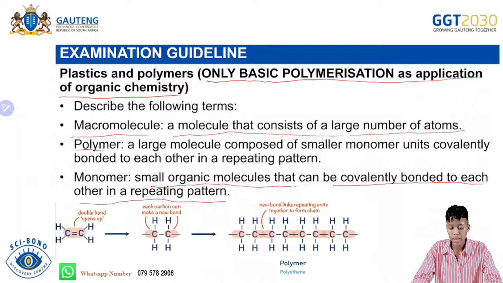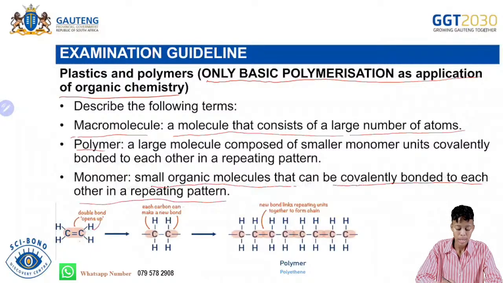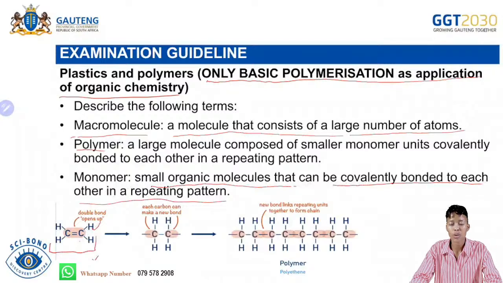So when we speak of a covalent bonding, that is just a bond between two nonmetals. So for example, the carbon and the hydrogen. An example in this case of our monomer would be the structure of ethene.